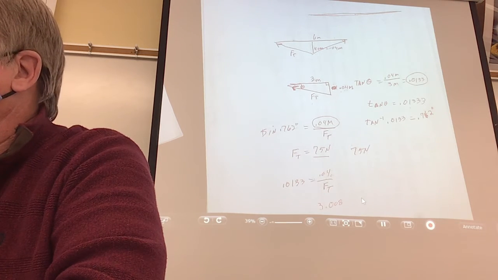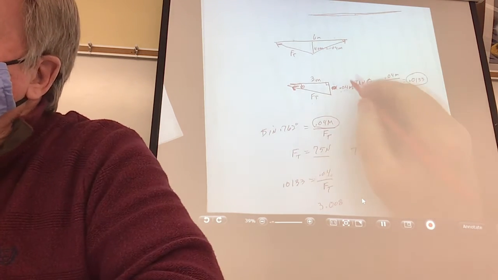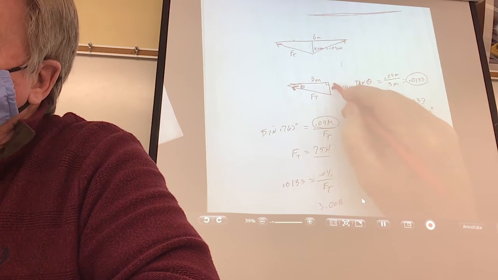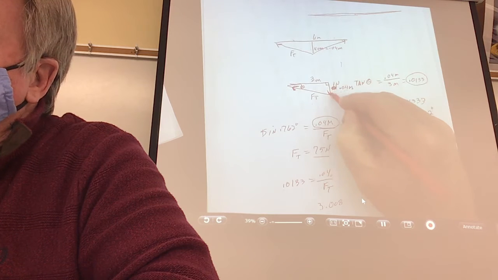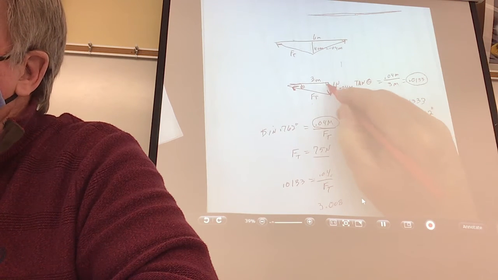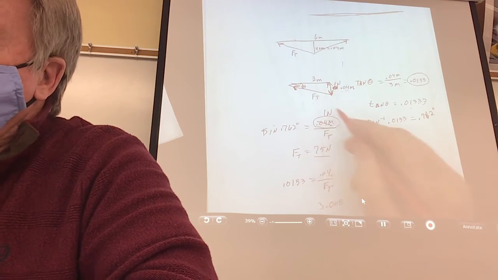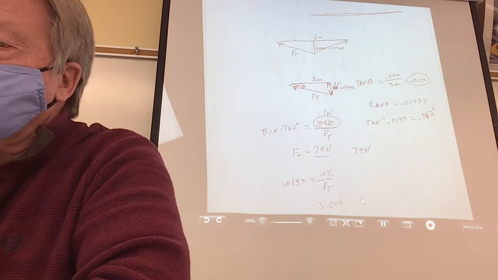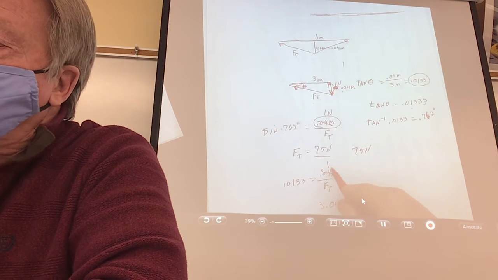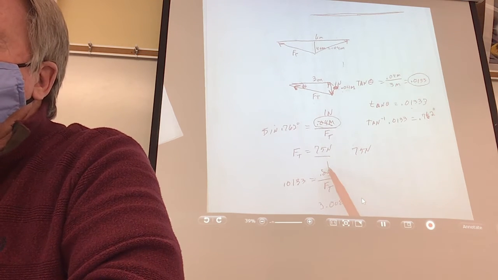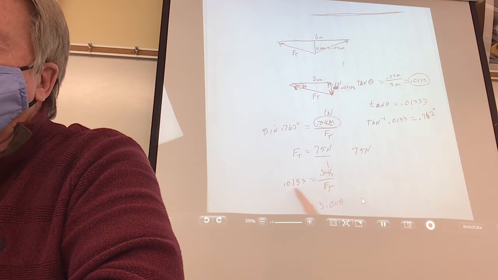Right. As a matter of fact, in newtons, if the whole swimming suit weighed 2 newtons, only 1 newton is represented by that vector, isn't it? No, I'm sorry, this one right here. Okay, so let's put a 1 here and see what happens. All right, now what do you get? Do you have a calculator, Maggie? What's 1 divided by 0.0133?